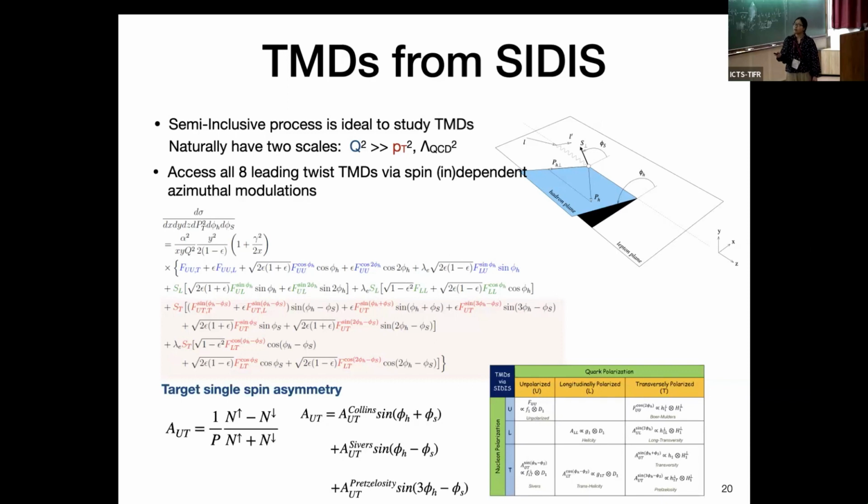You can see here there are different structure functions with different polarizations of the beam and target.